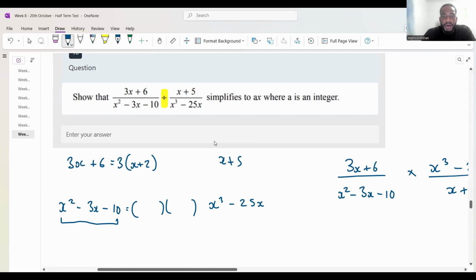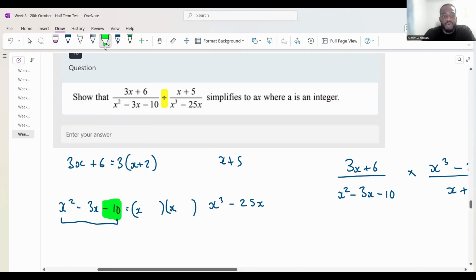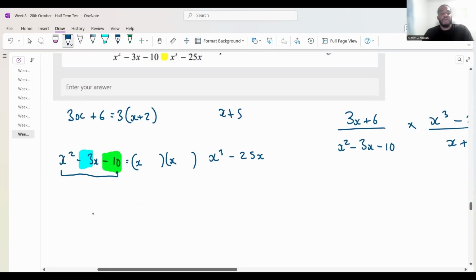Well done, Raya. Well done, Felix. An x goes there, an x goes there. We need two factors of this number, minus 10, which will also add to make this number, minus 3. Can somebody tell me what those two factors are? What are two factors of minus 10 that when I add them, I also get negative 3?